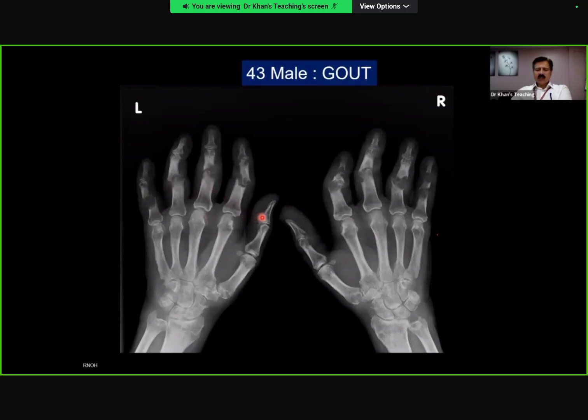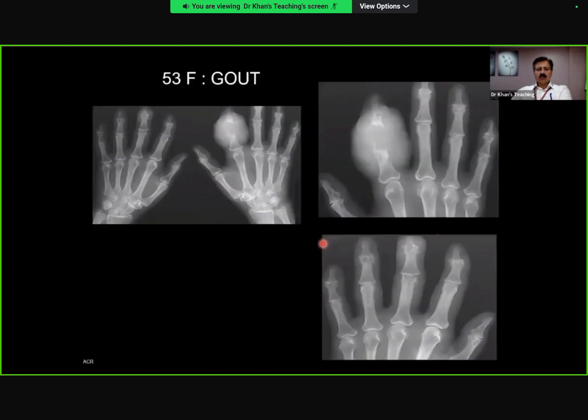And many of the erosions which we can see, for example, just look at this erosion or this erosion, you will agree that there is a bit of sclerosis of the margin. This is another case of gout in which, look at this, there is a soft tissue tophus. So this is a further example of gout.